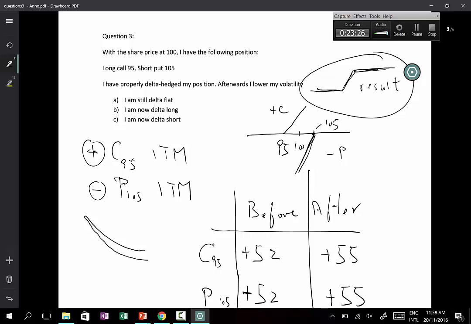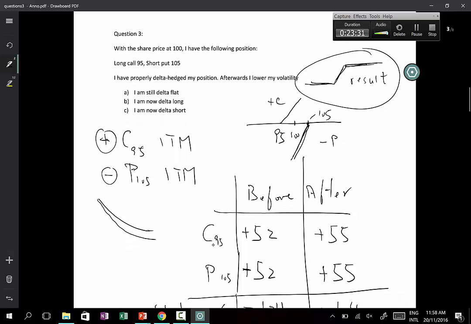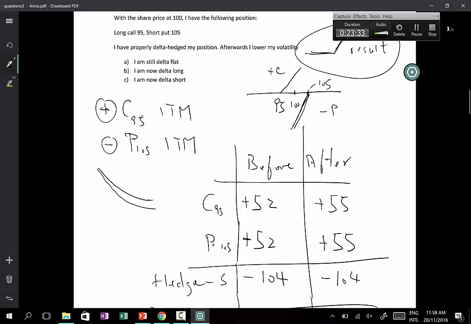If not, if you go back and you listen carefully to the way I've analyzed this, it should be all right.